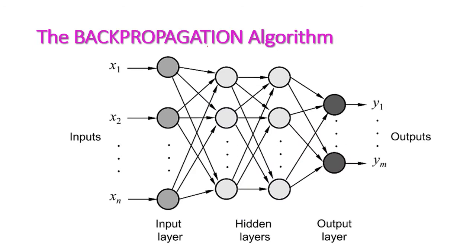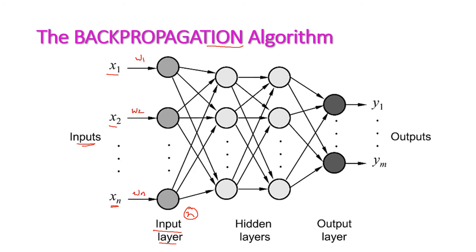Backpropagation algorithm for a multi-layered neural network. In this network we have n number of inputs, x1, x2, etc. up to xn. So the input layer consists of n input nodes, and for all the inputs we have to assign the weights w1, w2, etc. up to wn.